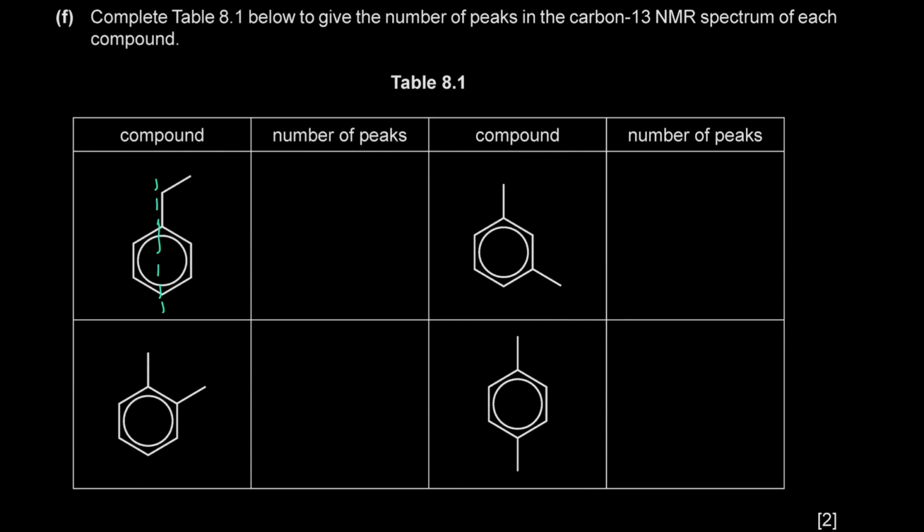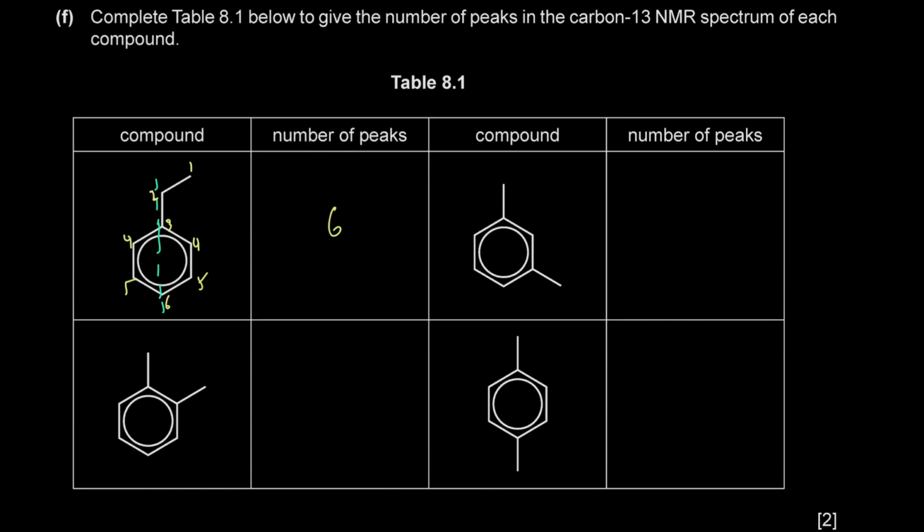This is one carbon atom, the CH3 carbon, then the CH2 carbon is the second one, then we have a third one here, and then these two are identical, that's carbon number 4. So this is a line of symmetry. Then we have carbon number 5, and this carbon is carbon number 6. So we have 6 peaks, because we have 6 carbon-13 environments.